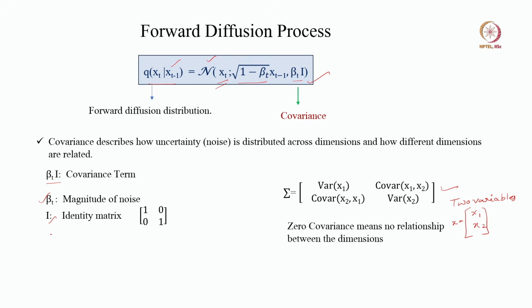I is basically the identity matrix. Now, beta t into I, if we do a multiplication like this with the matrix, we get beta t 0 0 beta t. So, this is my beta t into I, which is basically my covariance term.